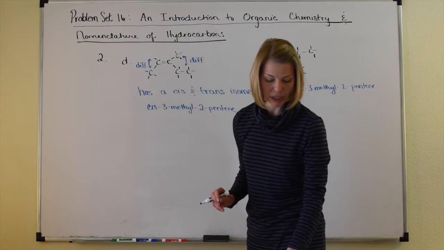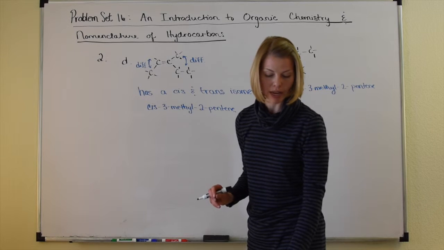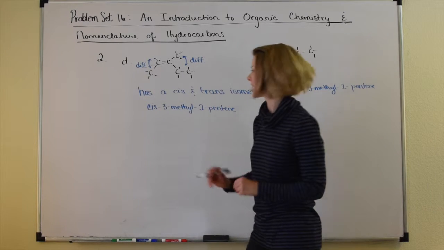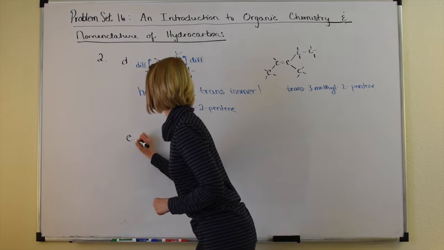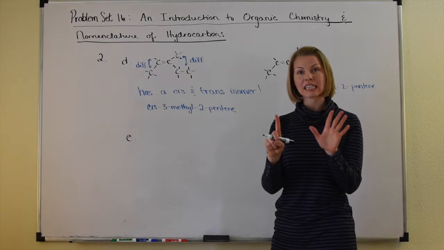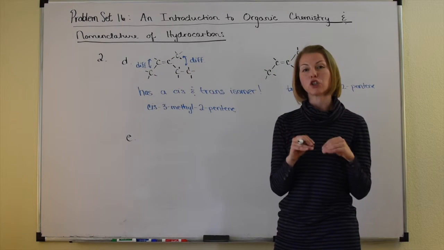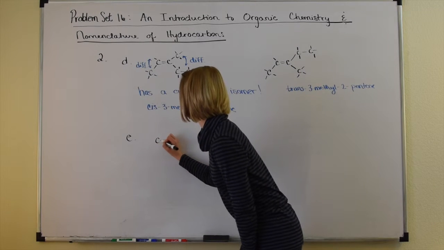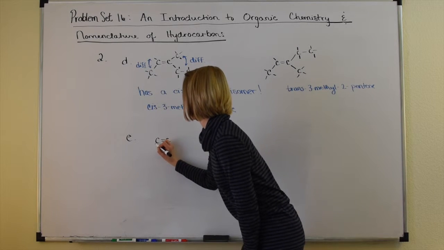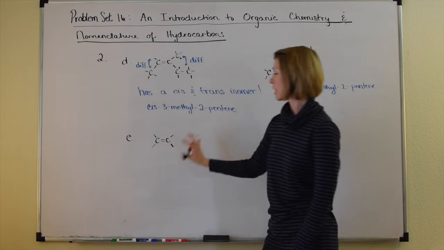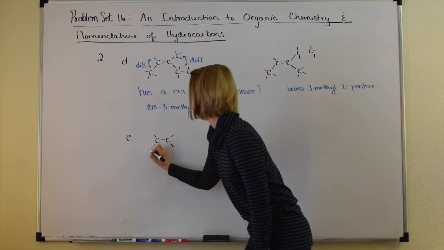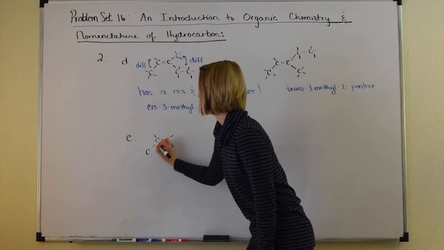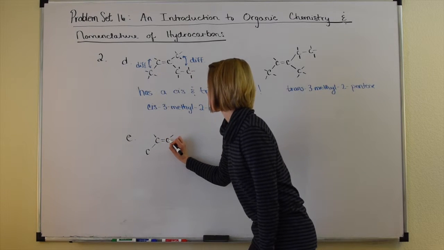Okay, last but not least, E, we have 2-hexene. So hex is 6, the double bond is at the 2 position, so between the 2nd and the 3rd carbon. So indicate your molecular geometry there, and then we've got carbon number 1, carbon number 2, carbon number 3.